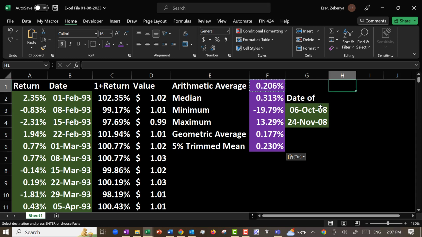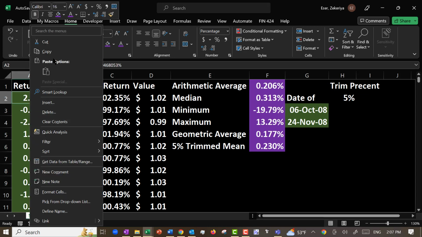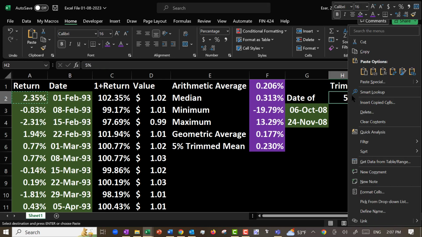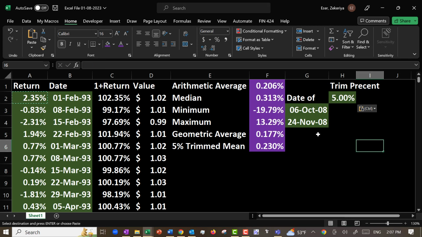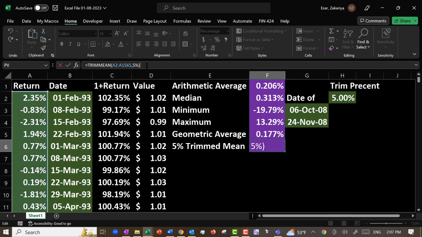Let's do this, 10%. Instead of manually writing it, it's going to refer to that.